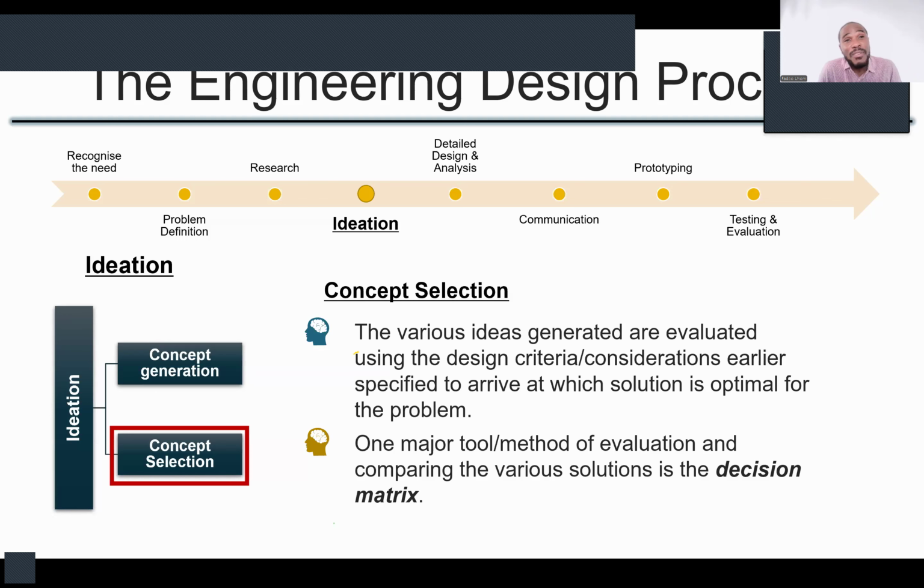And because some of these criteria are qualitative more than quantitative, there is a very major tool that is used, we call the decision matrix, to evaluate, so that you can put values. If you have numbers for things, it's easy to tell which one is more. You compare the numbers. Whichever is highest is the best.